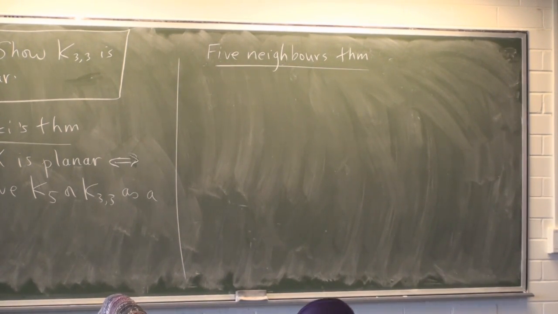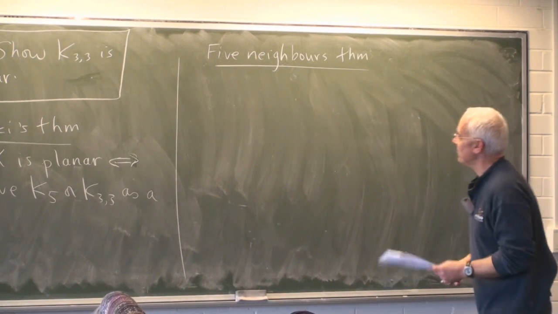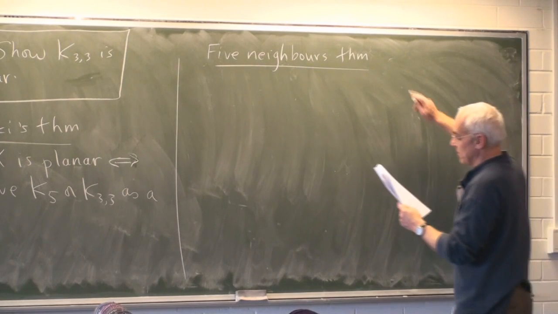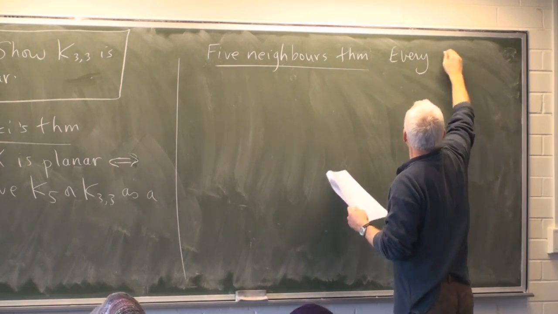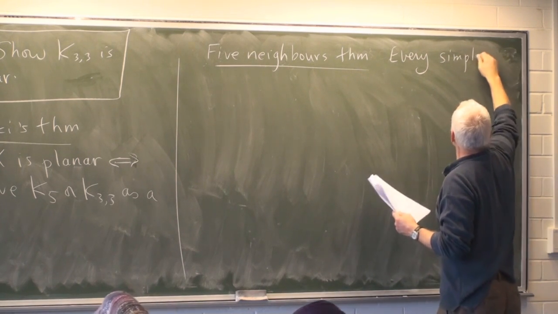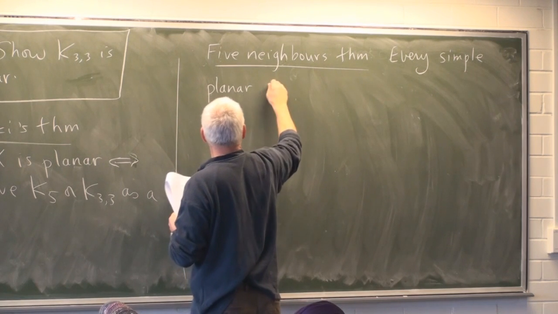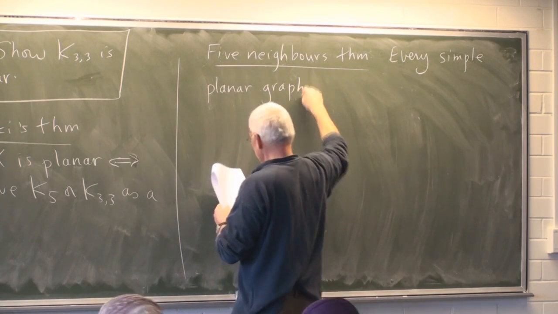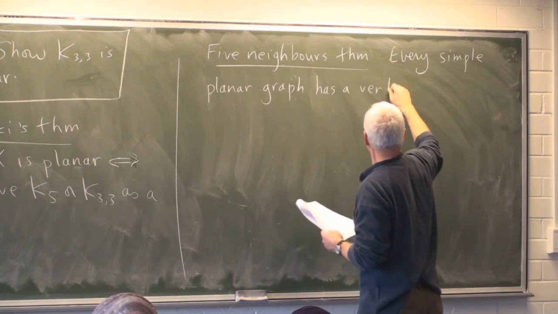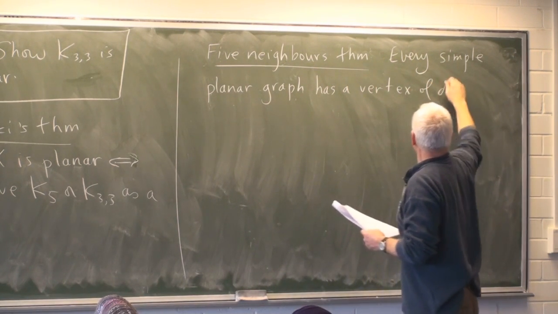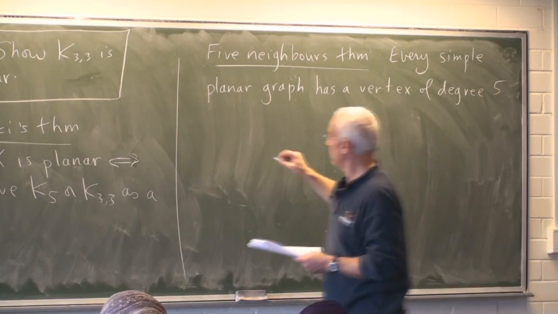And this allows us a very quick but weaker version of that very big theorem. And so the 5 neighbours theorem says that every simple planar graph has a vertex of degree 5 or less.